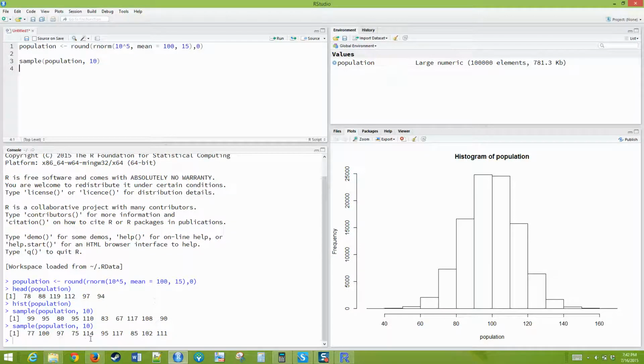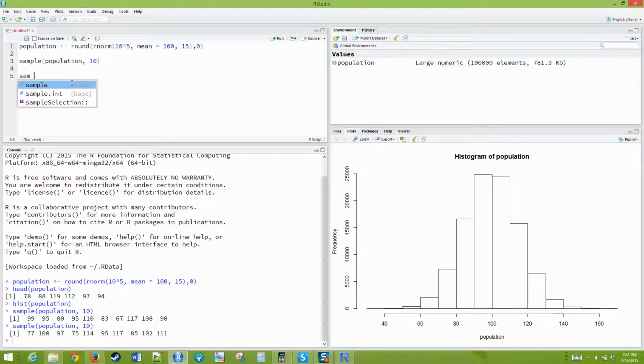And here it's drawing another 10 people from the population. So what I want to do is do this many, many times. Every time I do this, I want to take the sample.